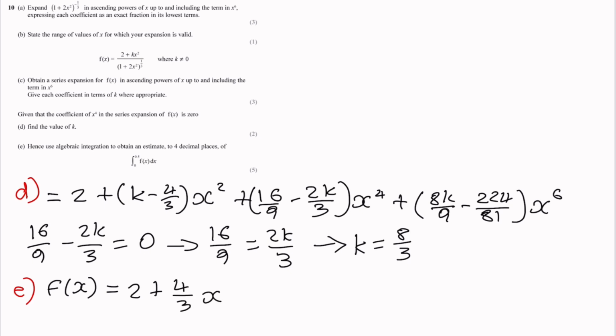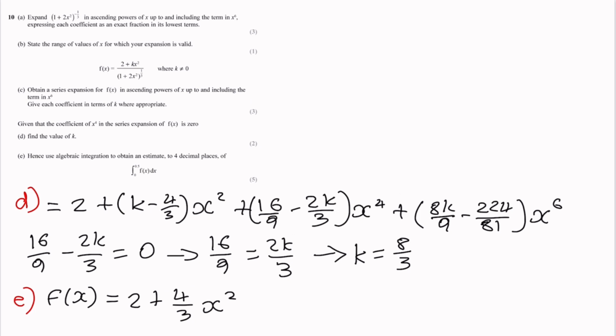I know the coefficient of x to the power of 4 is 0 because it told me that in part D. That's how I found k. So there's going to be no x to the power 4 term, plus substituting k into the x to the power 6 term, that gives me minus 32 over 81 x to the power of 6.